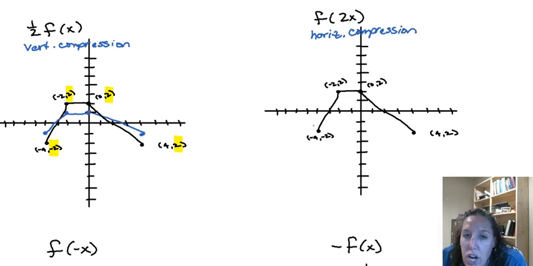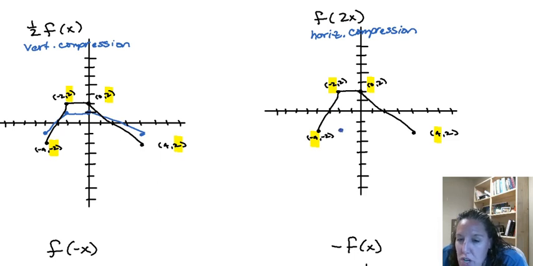So now we're looking at our x coordinates, the -4, -2, 0, and 4, and we are going to divide those x values by our coefficient of 2. So -4 is going to become a -2.